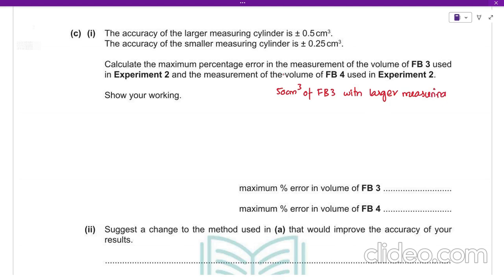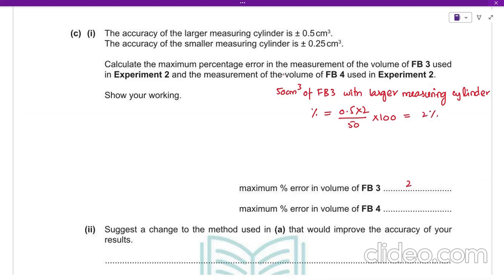I told you we always take it twice because we are taking the reading twice. So the percentage error will be 0.5 into 2 divided by the volume 50, into 100. This will be 1 divided by 50 into 100, which is 2%.